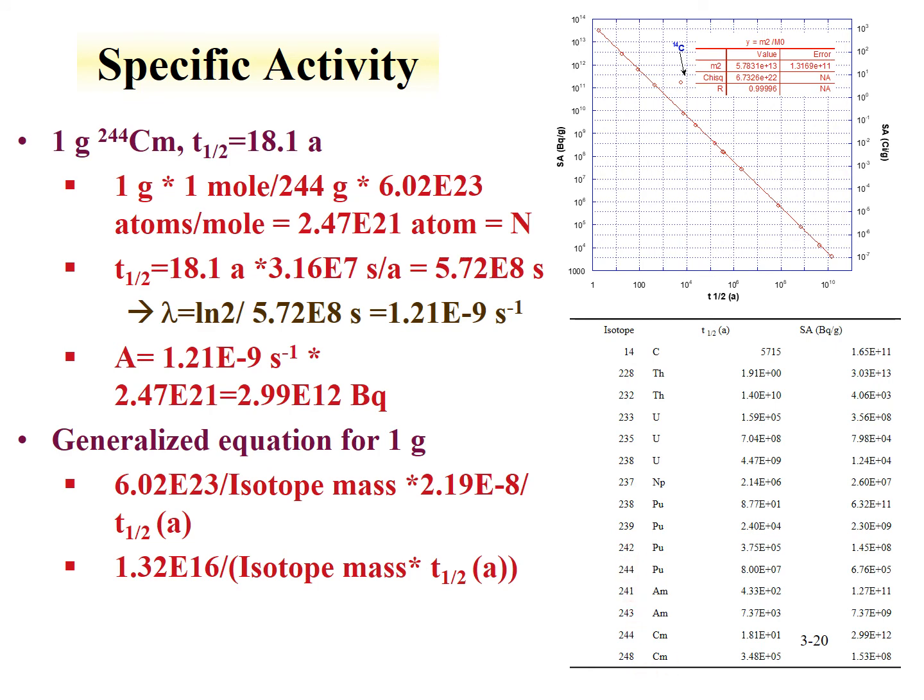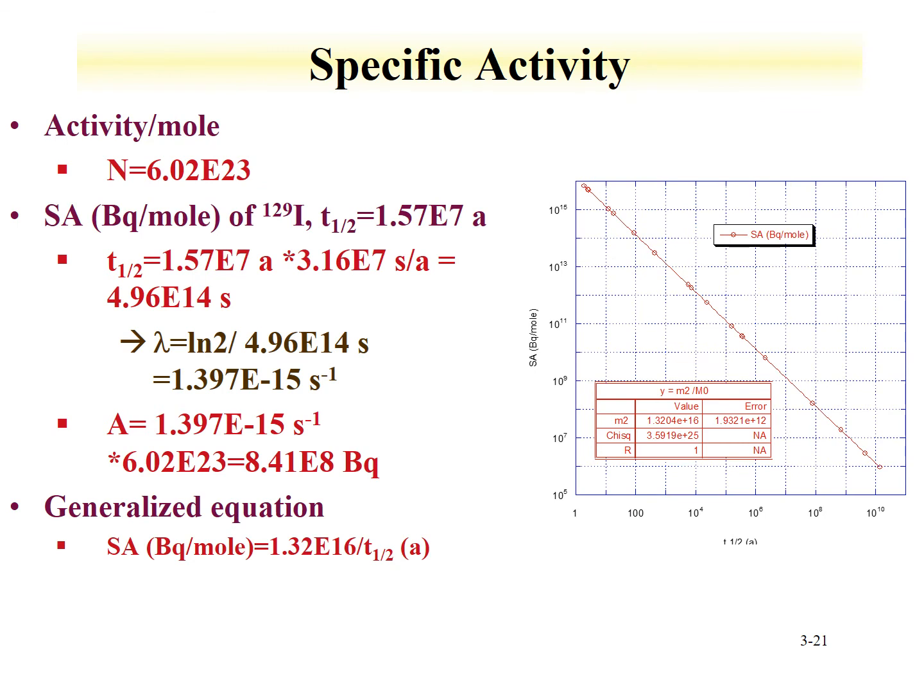A better way of looking at specific activity would be to actually look at molarity. So if one looks at the specific activity in activity per mole, where n is equal to 6.02 times 10 to the 23rd, let's do becquerel per mole of iodine-129, listed here. The half-life is shown here.